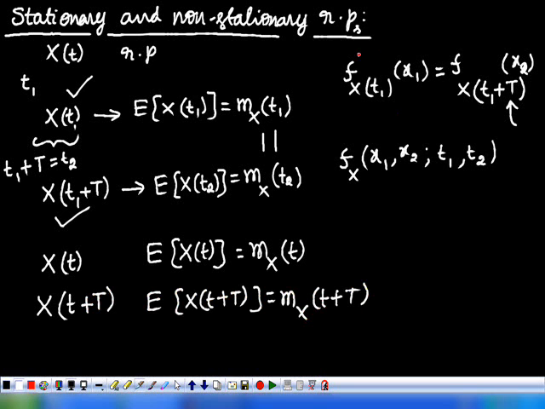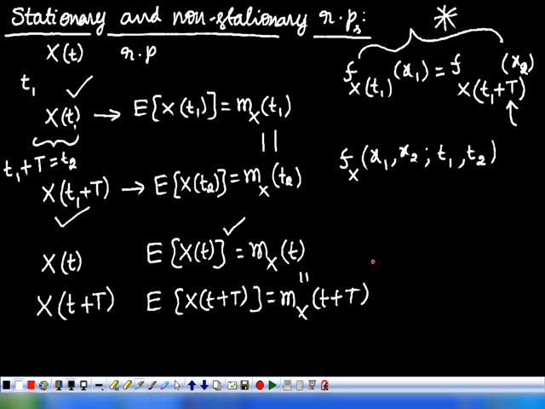So if these two are equal, what does that indicate? If the probability density function is not varying with the shift in time, definitely the expectation of x of t and the expectation of x of t plus t are the same. Is it? That is, the mean value of the random process is not varying with time.